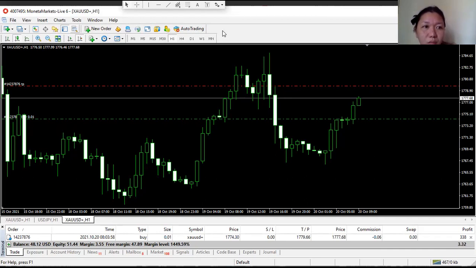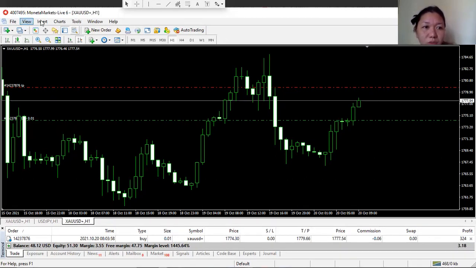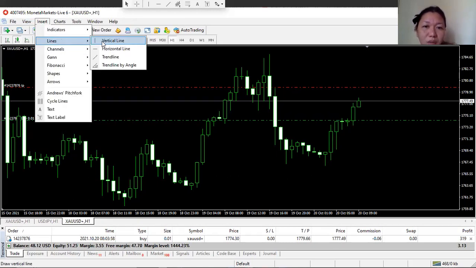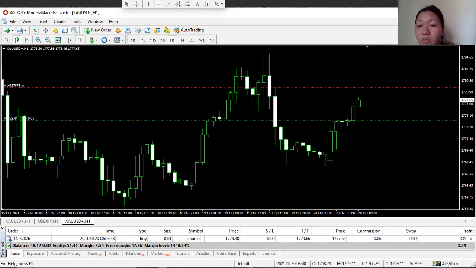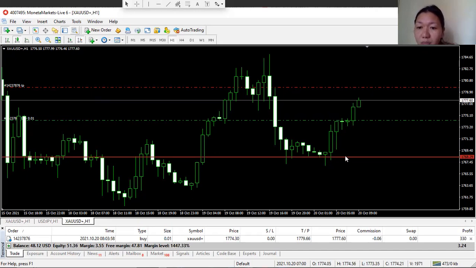View, insert indicators, lines. Right, let's use the trend line, a horizontal line. Okay, so this is your support level. I made a trade somewhere here early this morning.